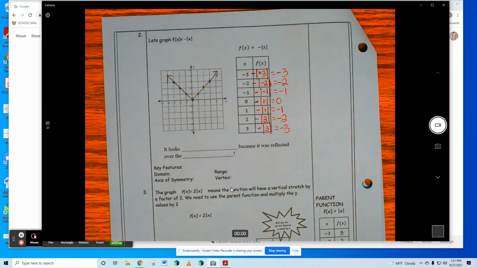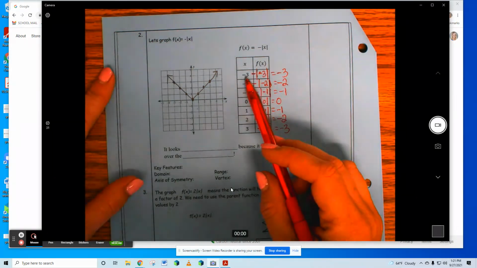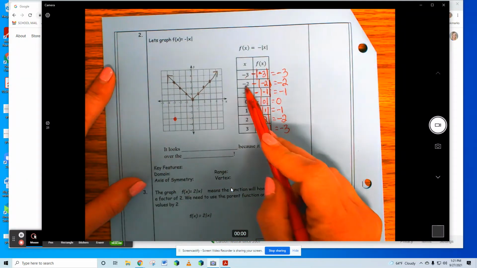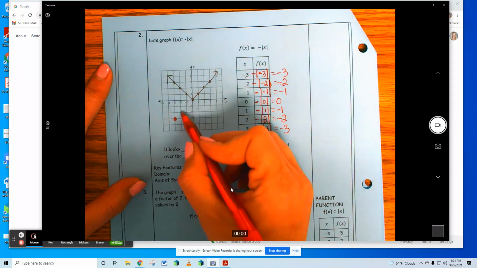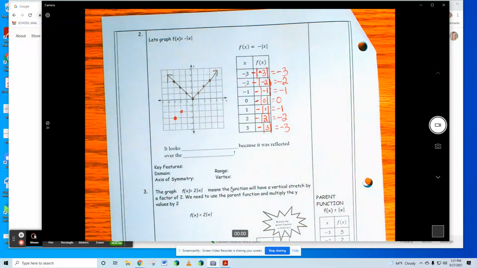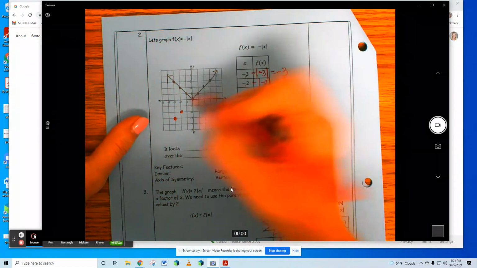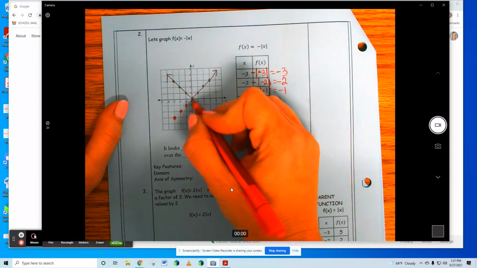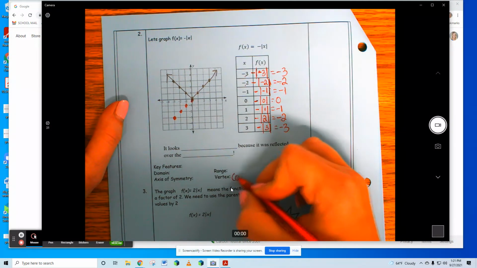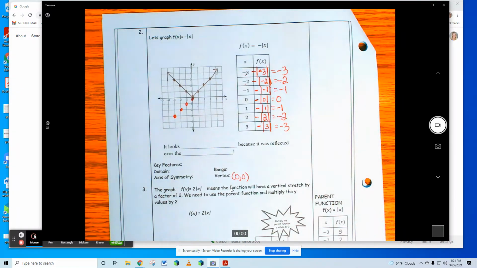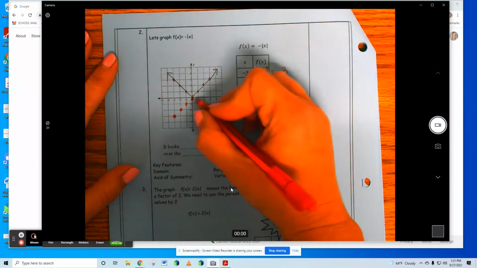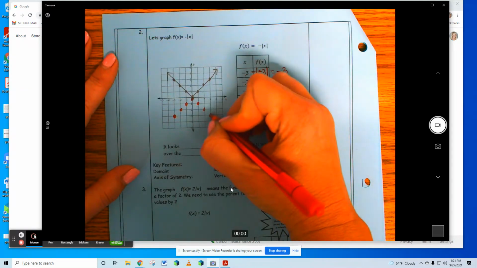All right, plot these new ordered pairs. 3 to the left, 3 down. 2 to the left, 2 down. It's still linear. 1 to the left, 1 down. 0, 0. My vertex is 0, 0. So this negative sign flipped it downward. 1 to the right, 1 down. 2 to the right, 2 down. 3 down.